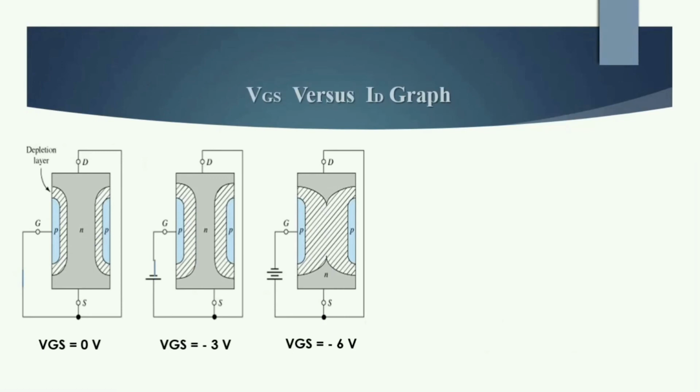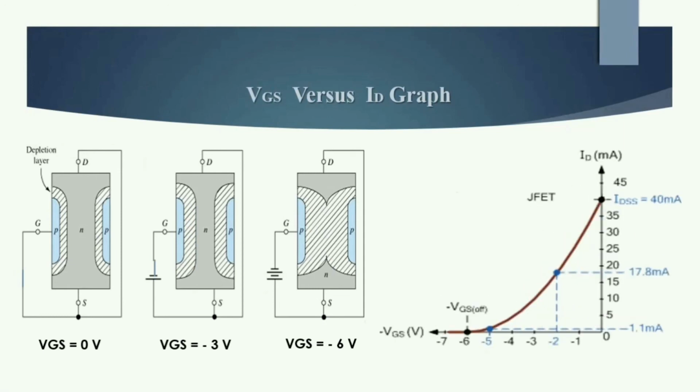If we plot a graph of change in VGS versus change in ID, then it will look something like this. As you can see, the current is maximum when VGS is 0. It will start reducing with the increase in reverse voltage VGS, and at this point the current will be 0 as both the depletions have touched each other.